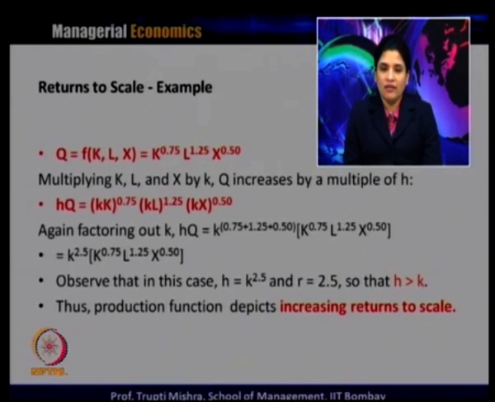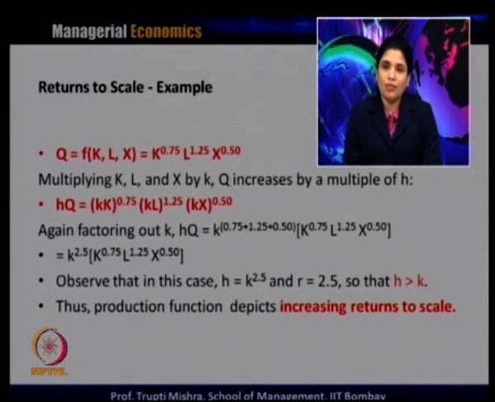Simplify this, we get k to the power 2.5 times the production function. So, in this case h is equal to k to the power 2.5, and the degree is 2.5. Since the degree takes a value greater than 1, because it has a value of 2.5, and h takes a value which is greater than k, the production function depicts an increasing return to scale.